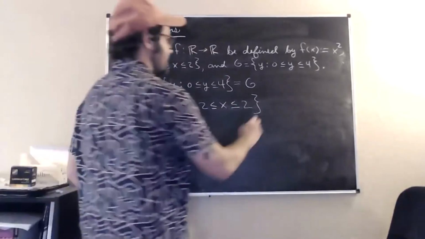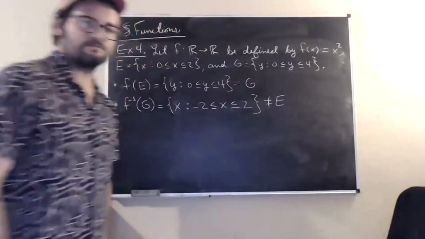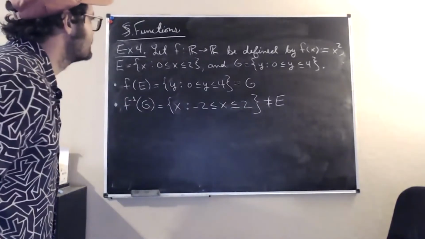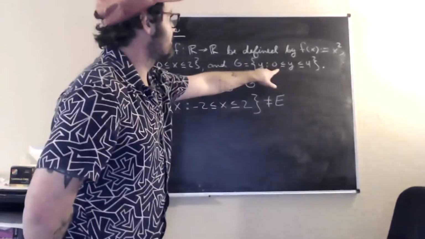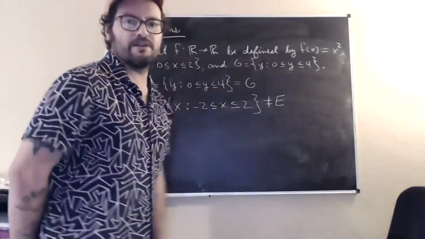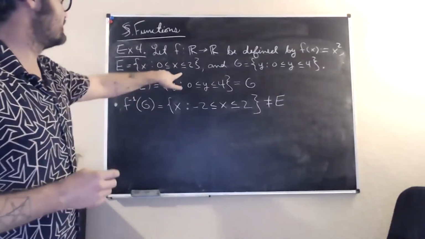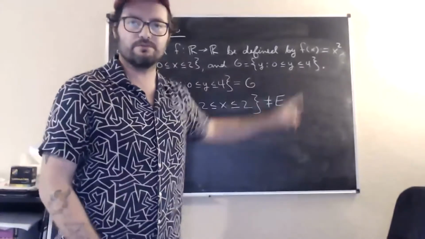And this set does not equal E. You see that? What are all the possible values in R that get sent to that set? Well, clearly if x is in this interval here and you square it, it's going to be in that interval there, right?